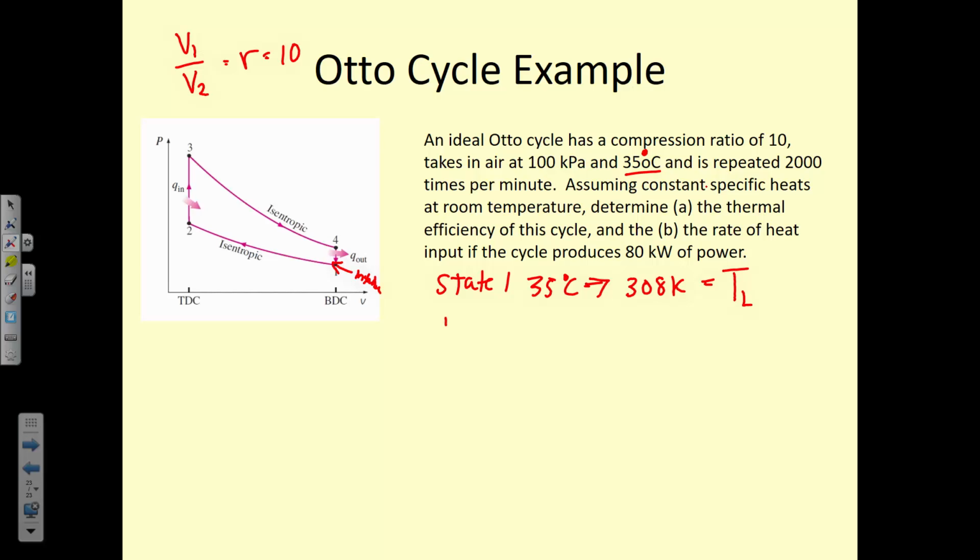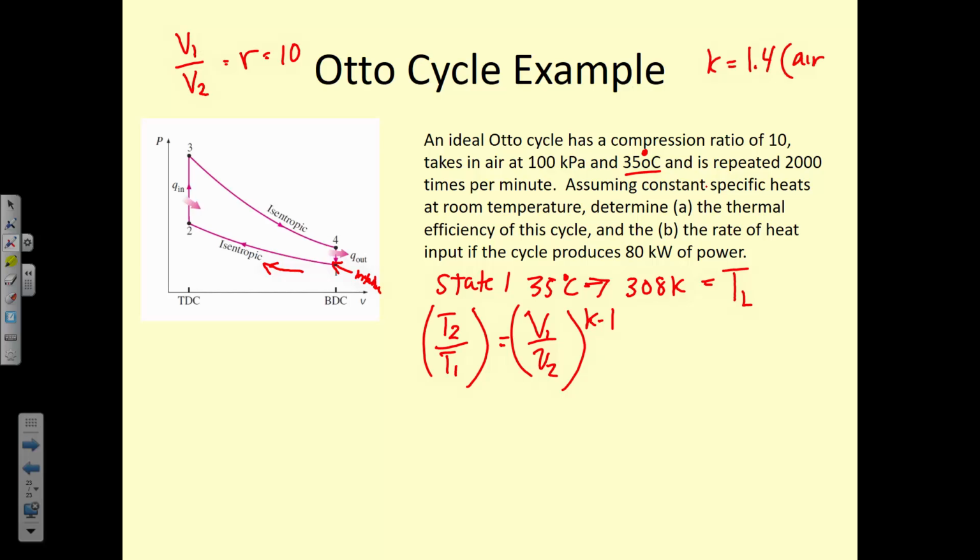So if we remember, for an isentropic process, which it is from state 1 to state 2, then this ratio, T2 over T1, is equal to V1 over V2 to the K minus 1. And in this case, our K is equal to 1.4 for air. So we can rearrange this equation and solve for T2 is equal to V1 over V2 to the K minus 1 multiplied by T1.